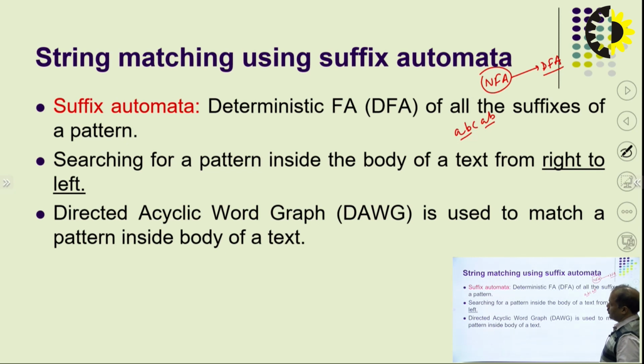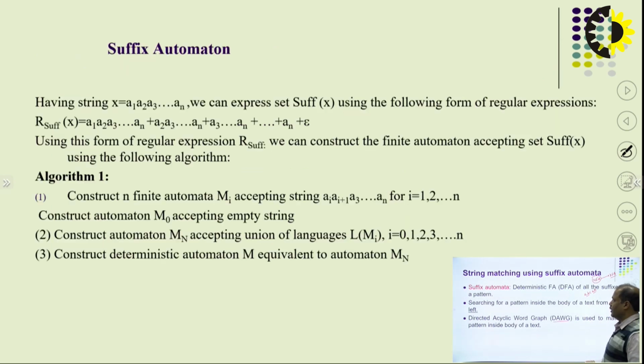The second advantage of suffix automata is that it searches the pattern in the text from right to left. It is not searching from left to right. It always searches for a pattern inside the text from right to left. Actually, this is designing a directed acyclic word graph, a DAWG, for the given pattern.